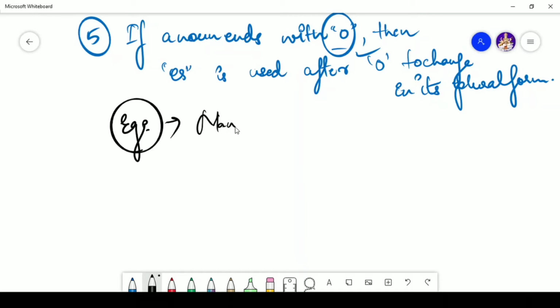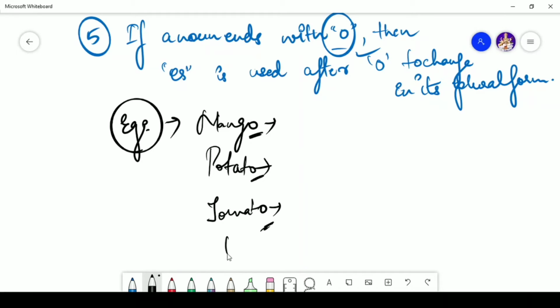Now let's see, if a noun has O at the end, like potato, mango, tomato. Now if you see all of these words, you will understand that all of these nouns end with O. If you say hero, in all of these nouns, what you would do is, if a noun ends with O, then es is used after O to change them into their plural form.